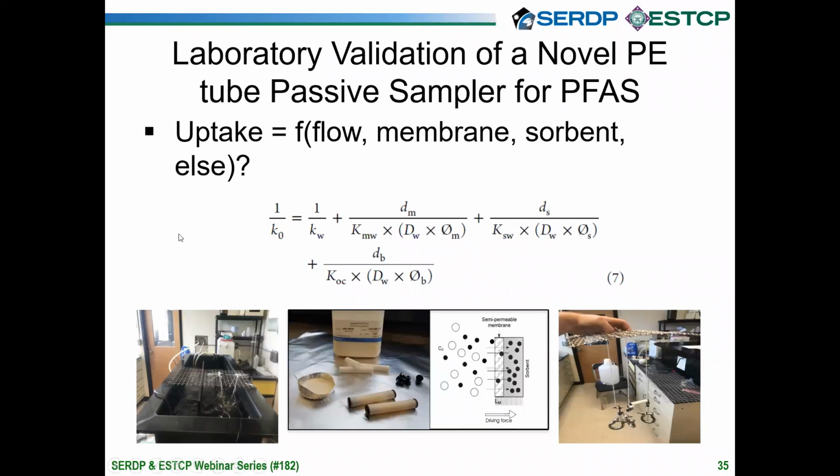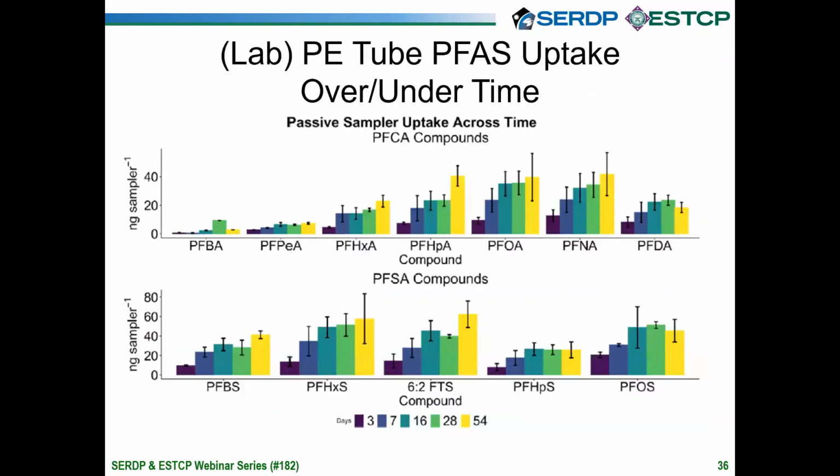The uptake is basically characterized as a function of the time it takes to move the PFAS through the aqueous boundary layer, the absorption to the membrane itself, diffusion through the thickness of the membrane, and then absorption to the solvent itself. And we just wanted to make sure that we understand which terms are rate limiting and thus in charge of the overall uptake rates.